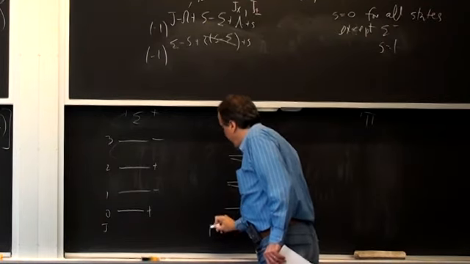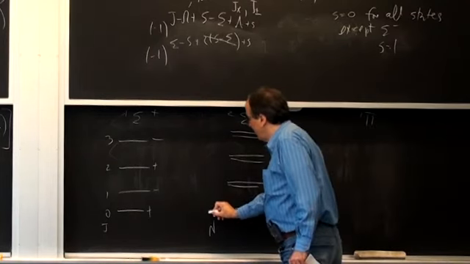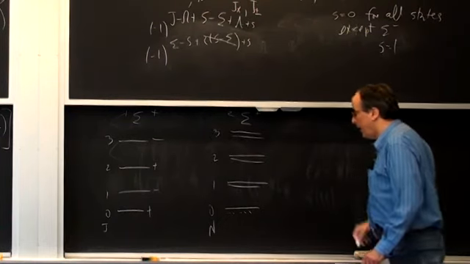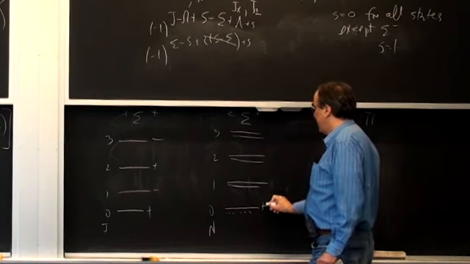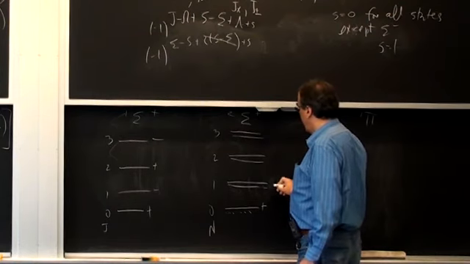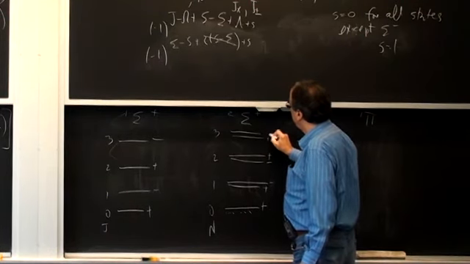And here I'm going to label them by n instead of j, but we get 0, 1, 2, 3. And what we find is this is plus, this is plus minus, minus plus, plus minus.